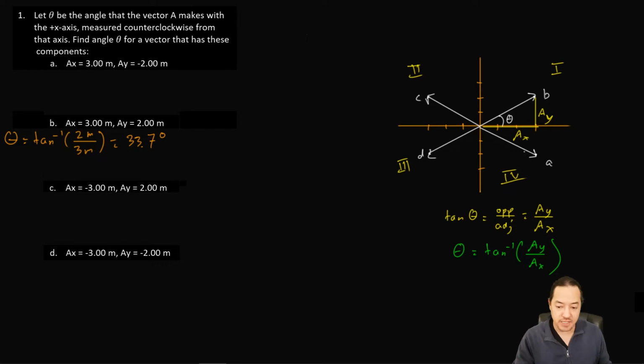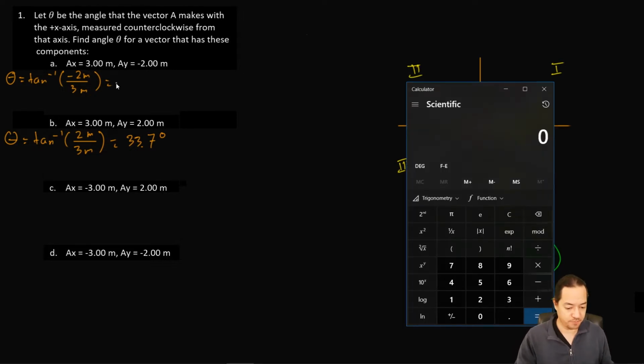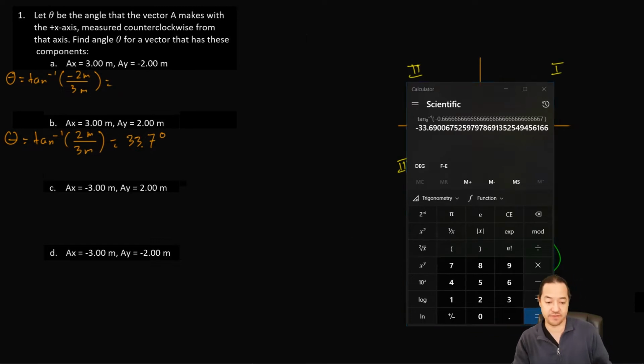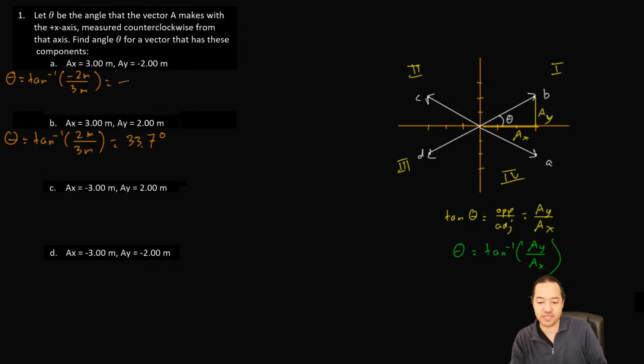Now let's look at vector A. We're going to use the same formula, right? The inverse tangent of A sub y is -2 and A sub x is 3. So in this case, it's very similar, but we have a negative sign in here, right? So it's going to be -0.66, and then we take the inverse tangent of that, and we get -33.7 degrees.